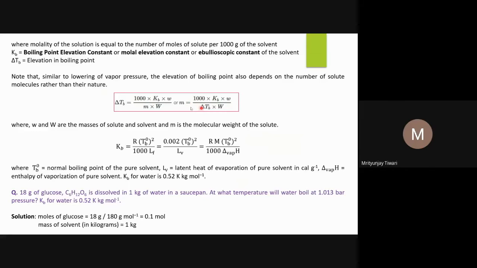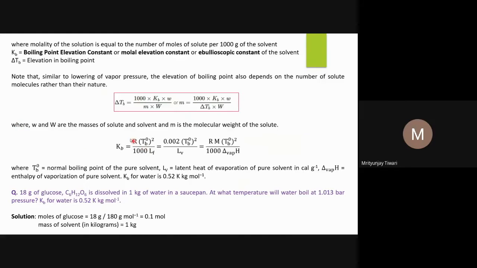In a similar way you can obtain this formula: delta TB is equal to 1000 into Kb into small w, where small w is the mass of the solute in gram, divided by small m into capital W. So small m is equal to 1000 into Kb into small w divided by delta TB into capital W, where capital W is the mass of the solvent in gram.